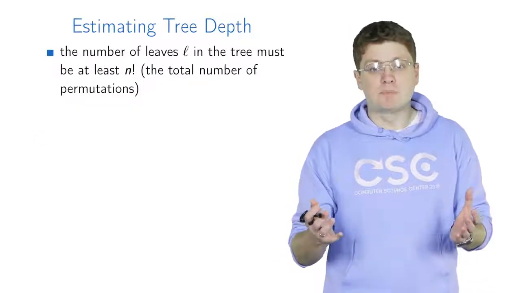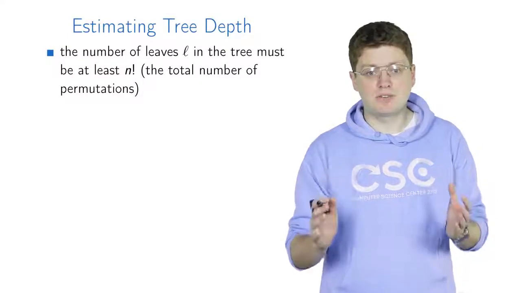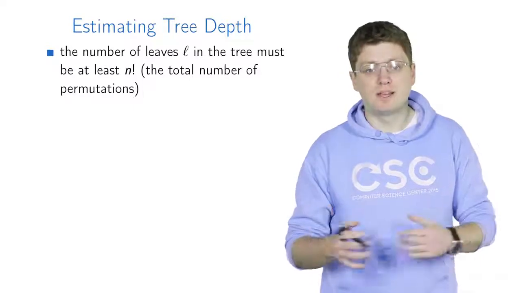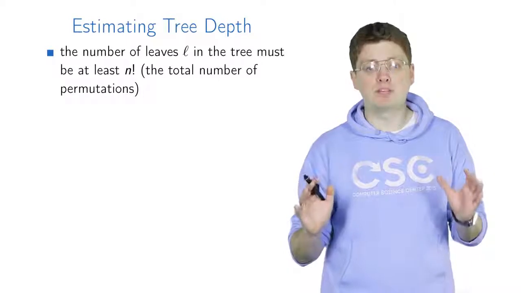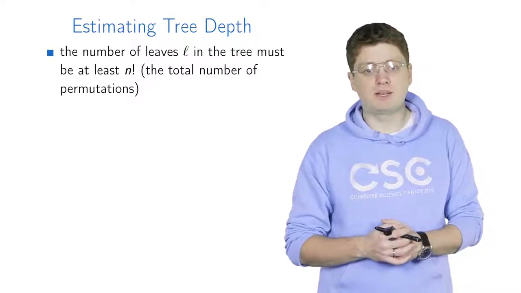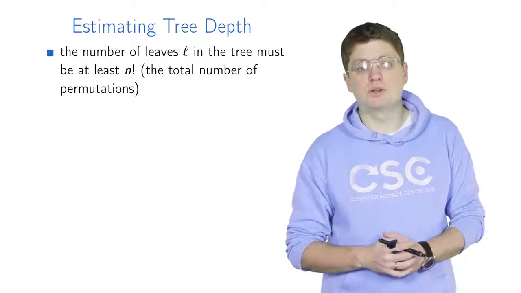A simple but crucial observation for this argument is that in this tree we must have at least n factorial leaves. And this is because we have n factorial different permutations of n input objects, where n factorial is defined to be the product of n, n minus 1, n minus 2, and so on.